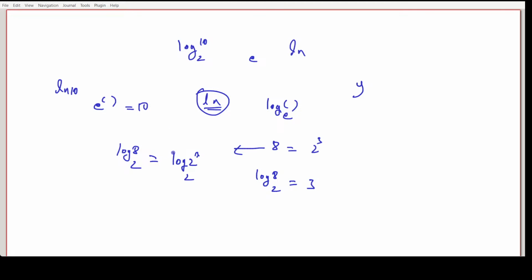Then what we are essentially saying is, 2 raised how many times will become 2 cube? That is nothing but 3. So that's what we say here. Instead of log 8 to the base 2, we can also write it as log 8 to the base e, which is nothing but ln 8, natural logarithm 8.